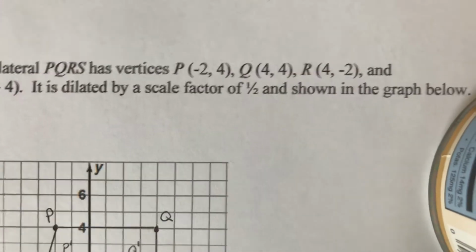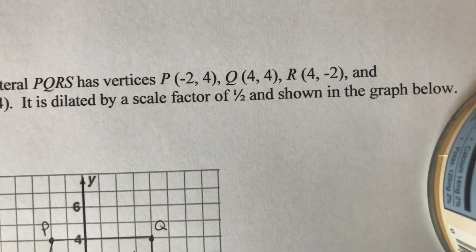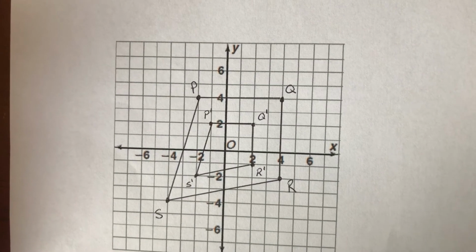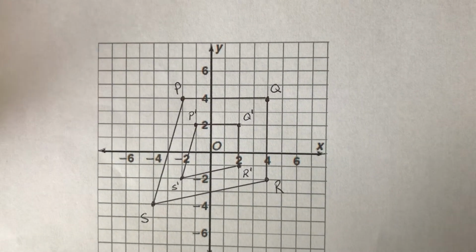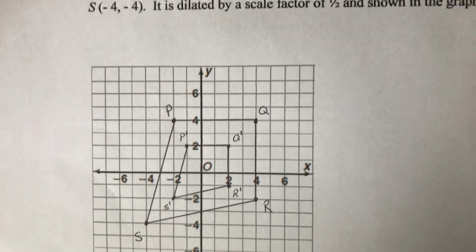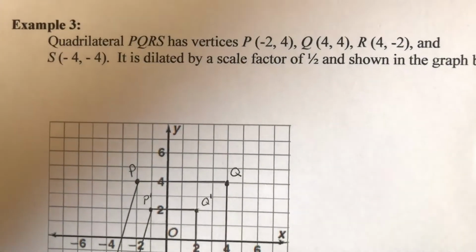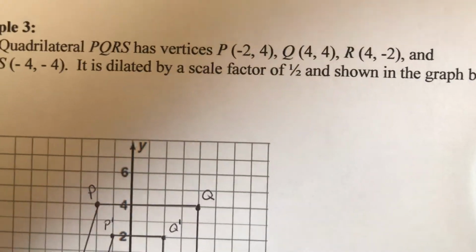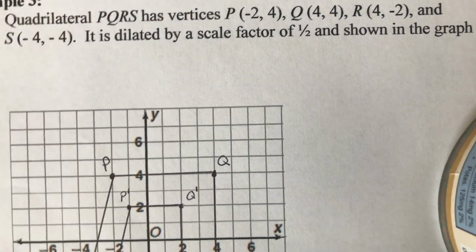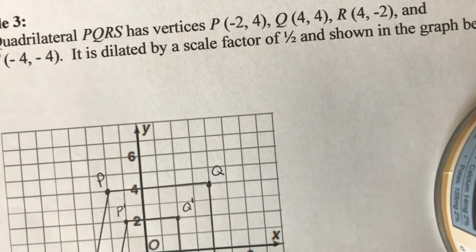All right, so here's another example. If you are following along in your notes, this is where it's a little different. I already drew these images. If we were in class, we would have drawn these together. So we have the quadrilateral PQRS, given the vertices there. I already put them on the graph, and I dilated it by a scale factor of 1/2, and it's shown in the graph.